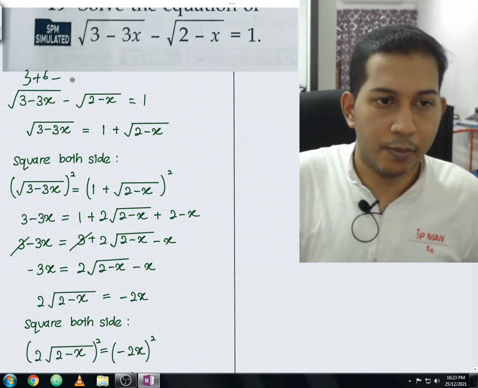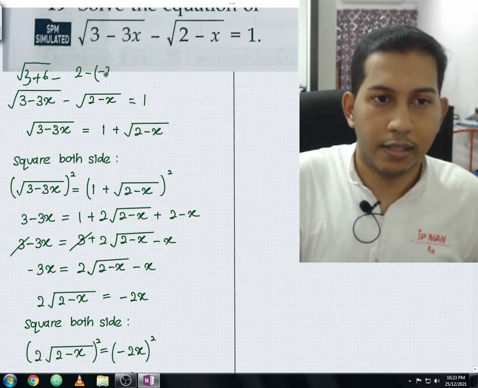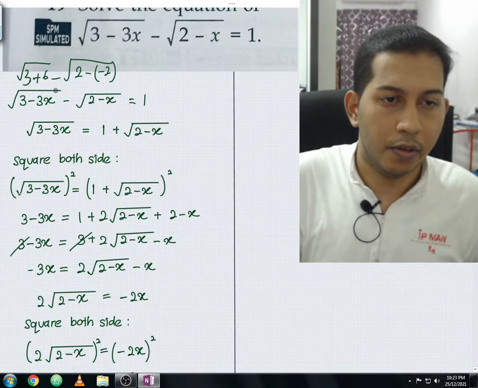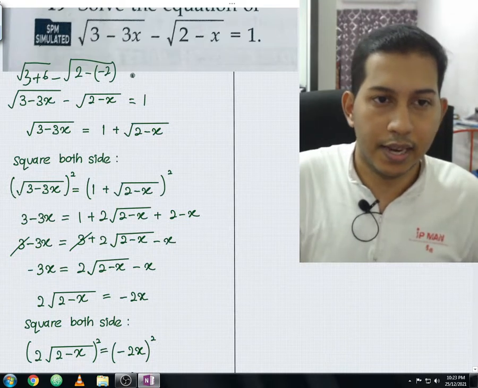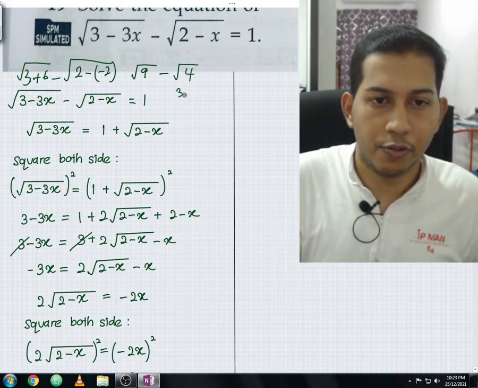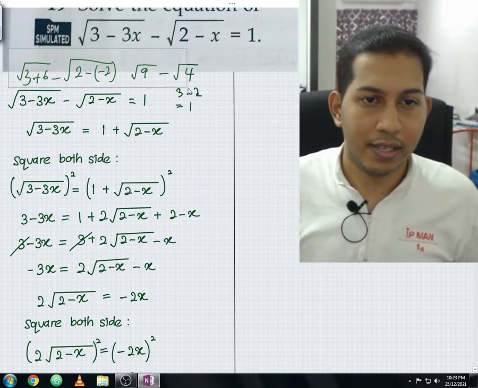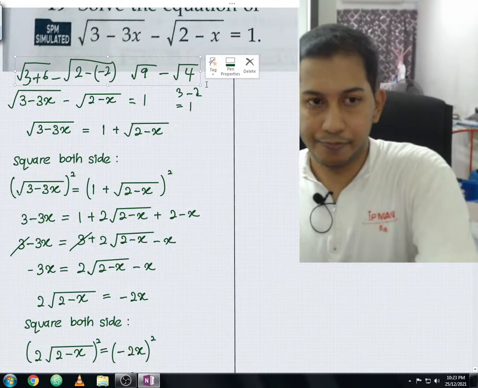And then you minus, don't forget the surd, minus 2 minus negative 2. You calculate this, you should get surd 9 minus surd 4. So in this case you get 3 minus 2 and your answer is 1. So in this case negative 2 is actually valid.